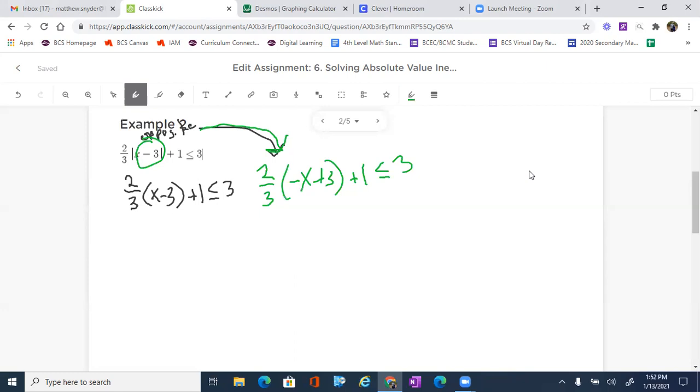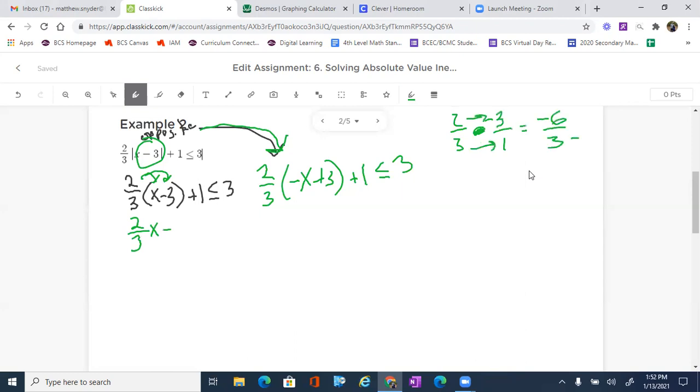Now, at this point, we just solve algebraically, and there's a number of ways to do this. I'm going to go ahead and distribute the 2/3 in. So we get 2/3 x minus, well, we have 2/3 times negative 3, which is negative 6/3. Remember, we multiply across.